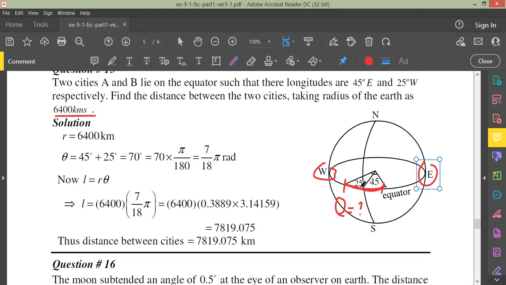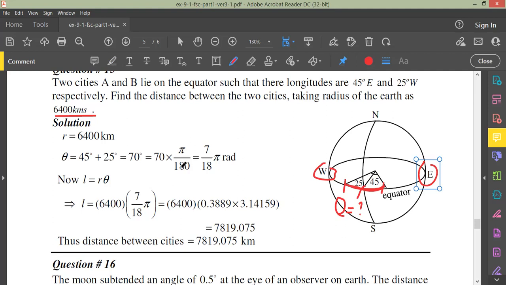We can also calculate distance separately, distance 1 and distance 2, and after calculation we will add. The other method is simply to add these, and 25 plus 45 will be equal to 70.